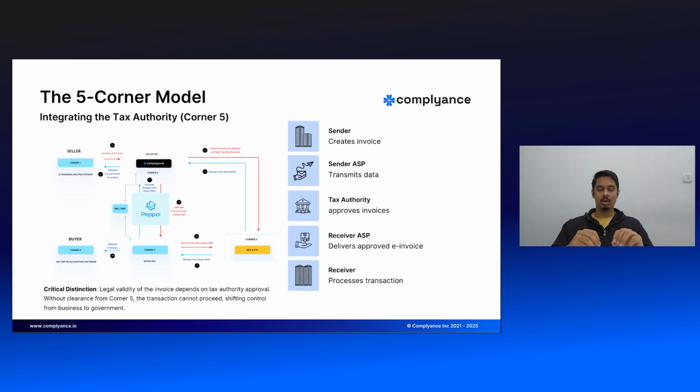But in the five corner model, governments are keen to listen to this invoicing data for many reasons. One is to avoid tax frauds. Second is to improve business efficiency. They might also churn out data from this invoice data and make policies and reforms, improving business efficiencies with policy making.